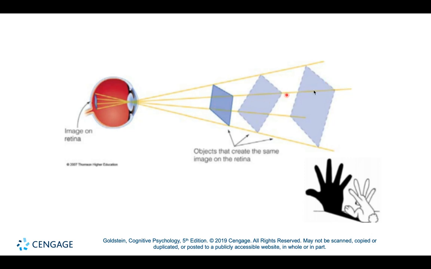All three of these objects, even though they are different objects in the world, would mathematically cast the same retinal image onto the back of your eye, meaning that your brain should not be able to tell the difference between them. Your brain does. It does its best. It's going to make mistakes sometimes, but your brain uses things like context and previous experience to try and figure out which of these things is the real thing that's out there in the world.